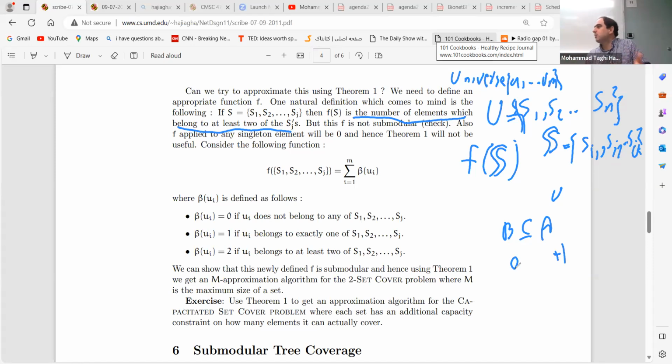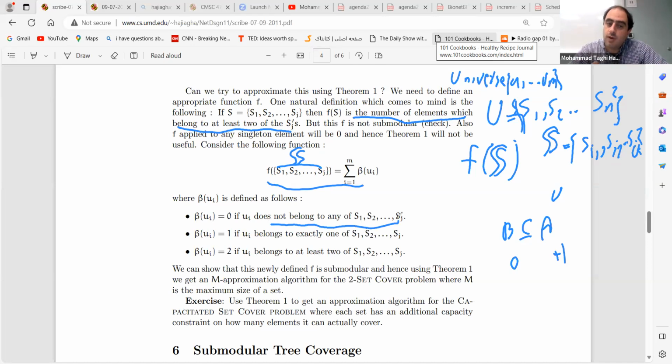In some sense, it should be a smooth function. How can we define this? We can change it and define it this way. So we define beta of ui to be 0 if ui does not belong to any of these sets. So I'm changing the function.